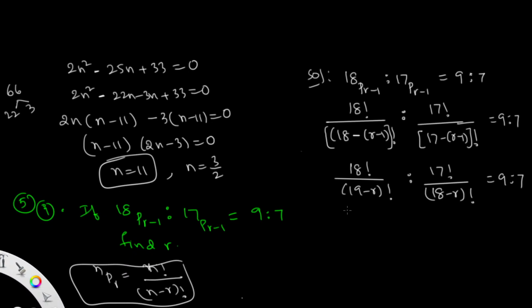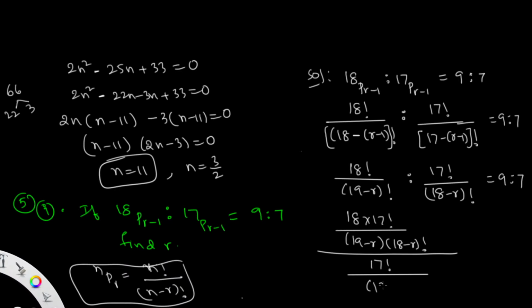So 18 factorial can be written as 18 into 17 factorial, just like 6 factorial is 6 into 5 factorial, which we have just learned. Similarly 19 minus r factorial is 19 minus r into 18 minus r factorial, divided by 17 factorial by 18 minus r factorial, that is given as 9 by 7. So simplify.